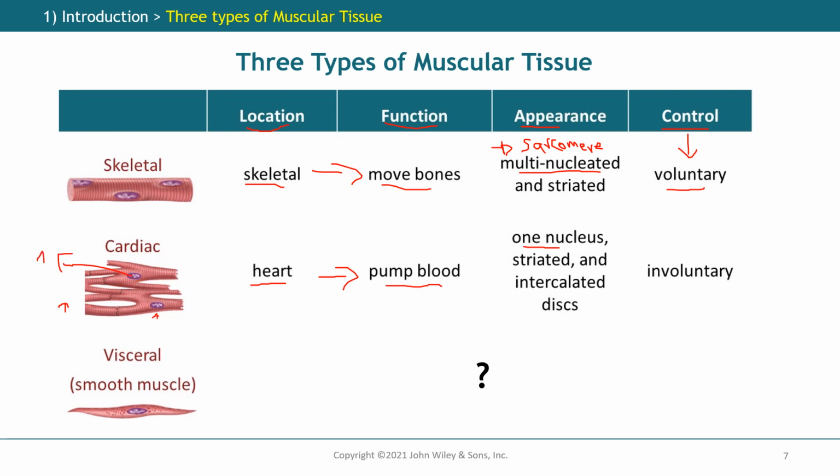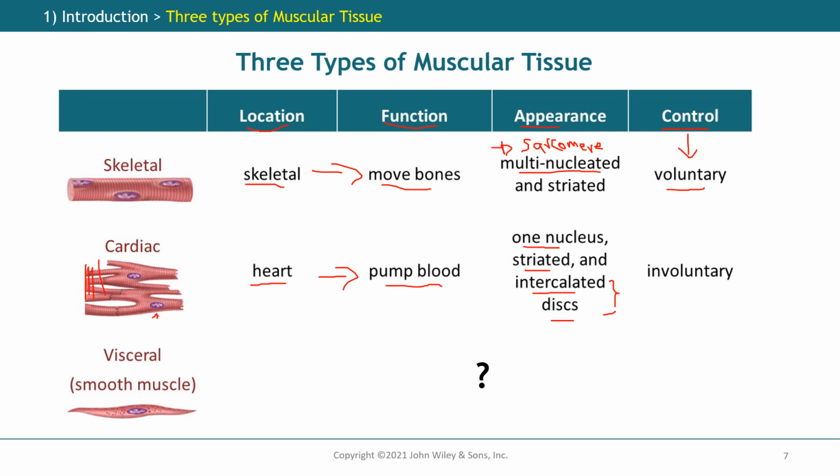In addition to that, similar to the skeletal, it is striated, you see all these sarcomeres here. And the third characteristic of the cardiac muscle is that they have intercalated discs, and we will talk more about that in the following slide. This is a concept that you need to remember, so write it down.